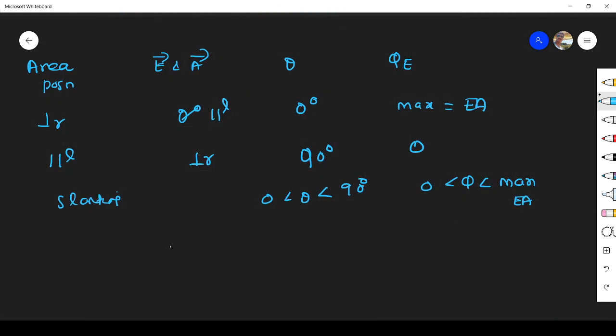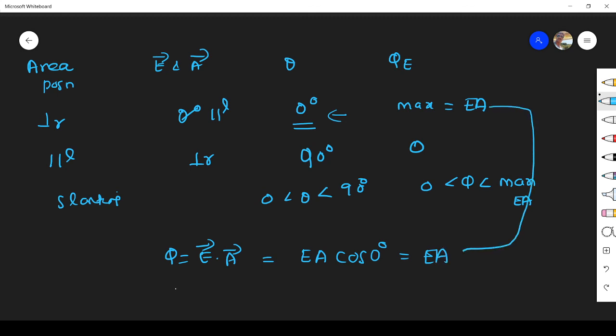Now we find the reason why phi is equal to E dot A. Take the first condition, what is the angle between E and A? Theta, 0 degree. Suppose phi is equal to E dot A, which is EA cos theta, where theta is the angle between E and A. For 0 degree, that means EA. I hope the first condition is fulfilled. Second condition, theta now 90 degree, cos 90 is 0, so flux is 0. Second condition is fulfilled.